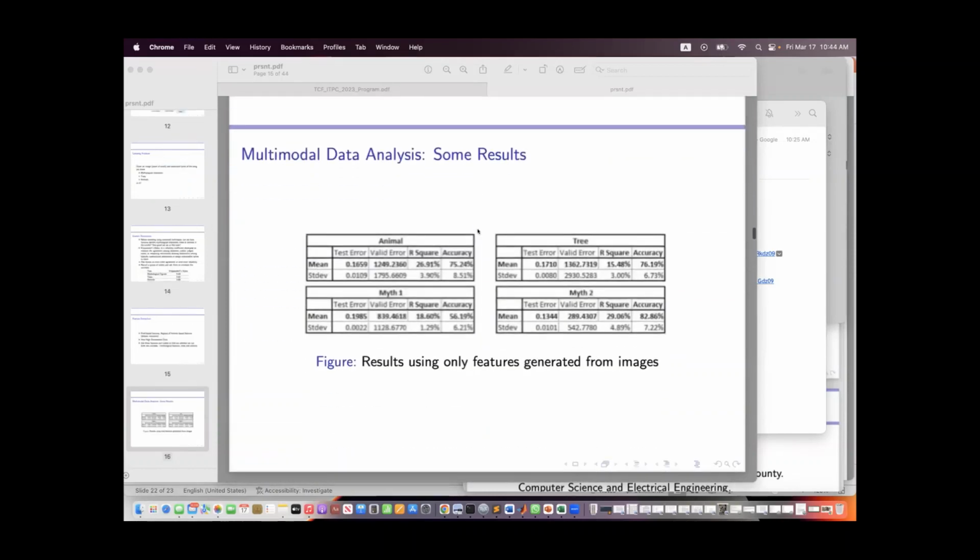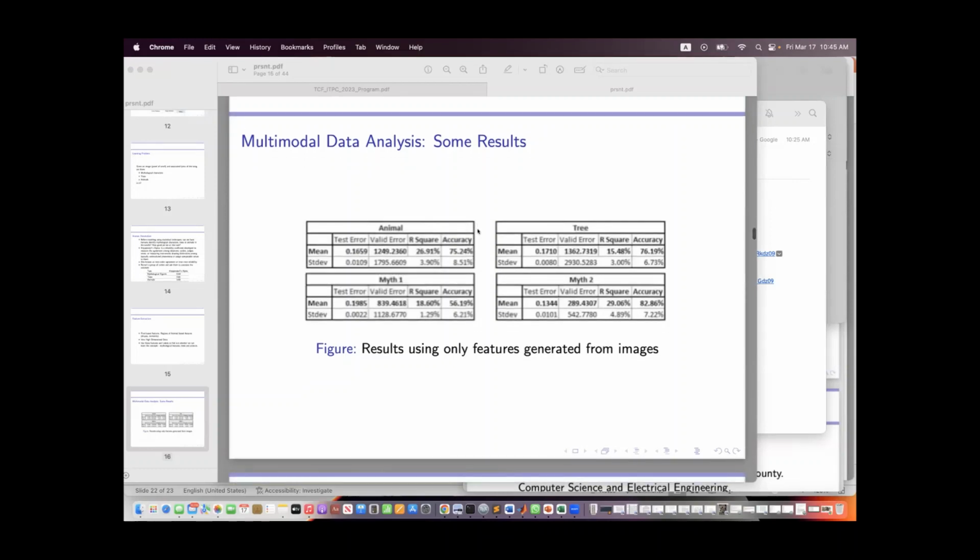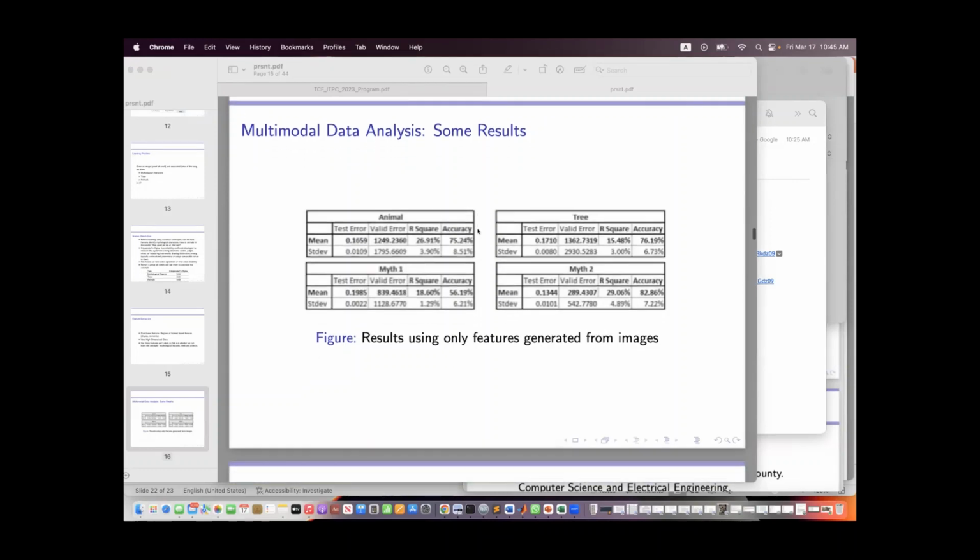So to present some results from our initial multimodal analysis, and this multimodal analysis only has to do with text and images, we found that our deep learning models here were somewhat better at learning certain kinds of mythological figures and perhaps trees and animals, but we had a number of difficulties resulting from the modeling task.